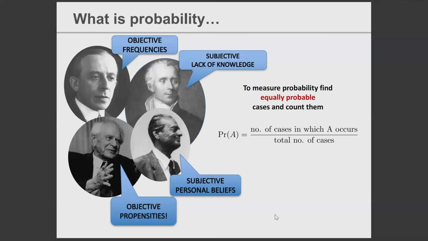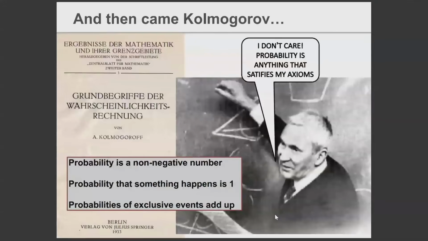The end to the story, at least from the mathematical point of view, came with a Russian mathematician called Kolmogorov. He found a very mathematical solution to the problem. You say, I don't give a damn about whether this is subjective or objective. What I'm going to do is define it. So he specified 3 axioms.